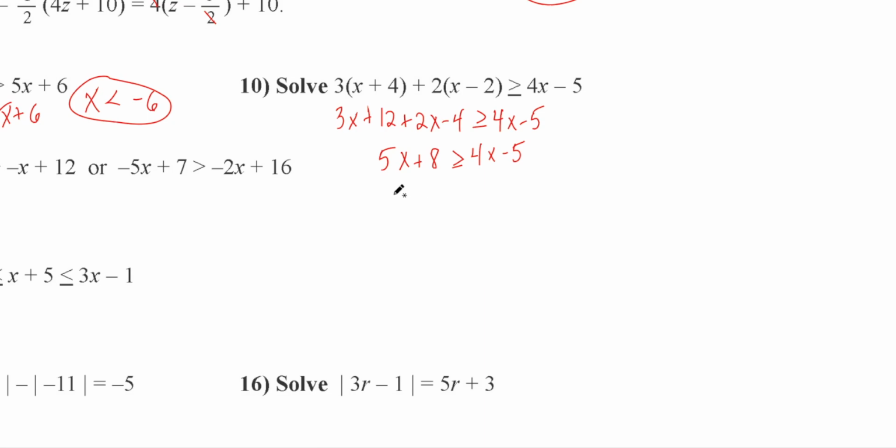Subtract a 4x from both sides, I get x. Subtract an 8 from this, I get negative 13. Have I divided or multiplied by a negative? No, I subtracted. That's good. So I don't change the inequality. I just keep it the way it is. And that's your answer for that.